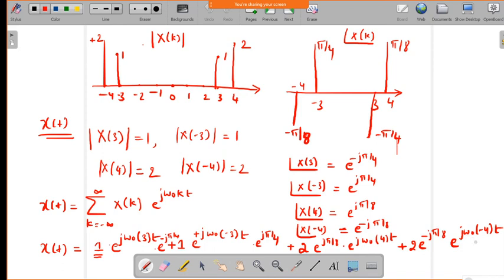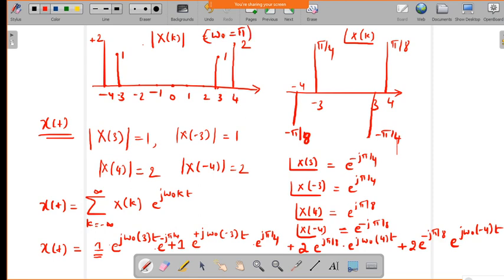So omega naught is given in the problem itself: omega naught equal to pi, so you need to take it.